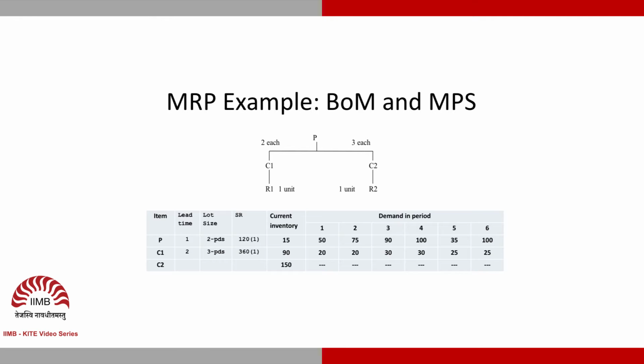Item P is scheduled to be received in quantity 120 during period 1, that period 1 is shown in parenthesis. Likewise, for item C1, a batch of 360 is expected in period 1. So, we have all the inputs. Now, let us see how the MRP logic works in this case.